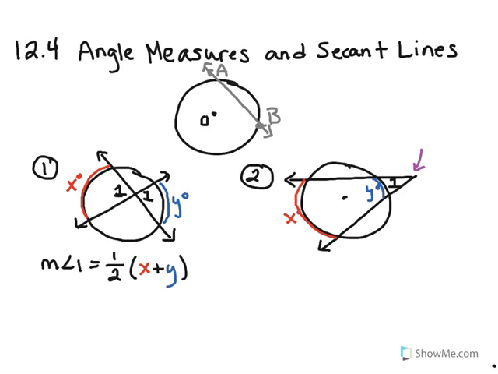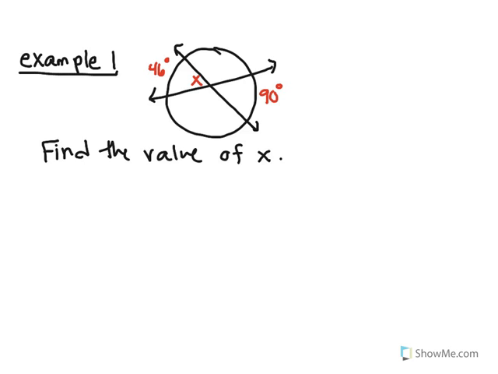When this happens, all we need to do to find the measure of angle 1 is do 1/2 again, but this time it's going to be the difference between X and Y, since the angle is outside of the circle. So let's take a look at a couple examples.